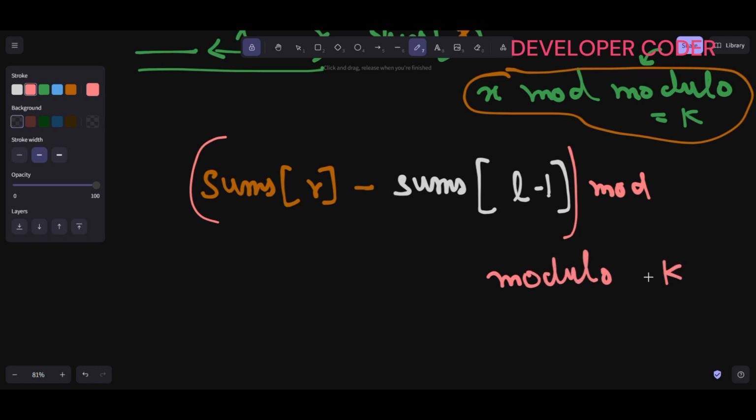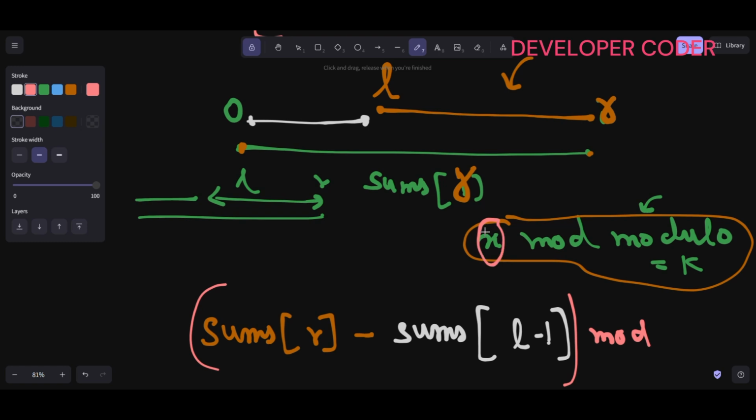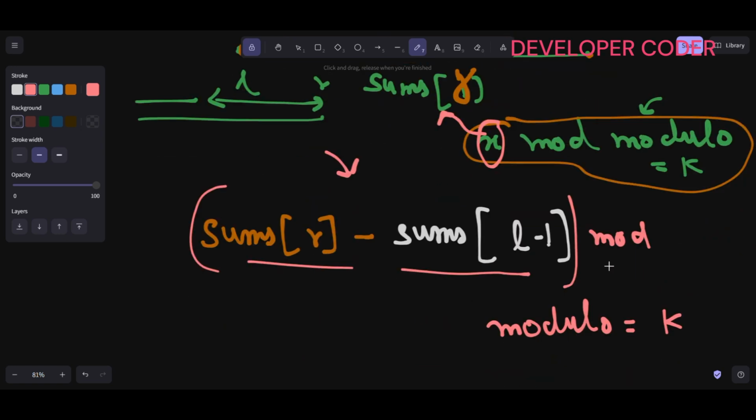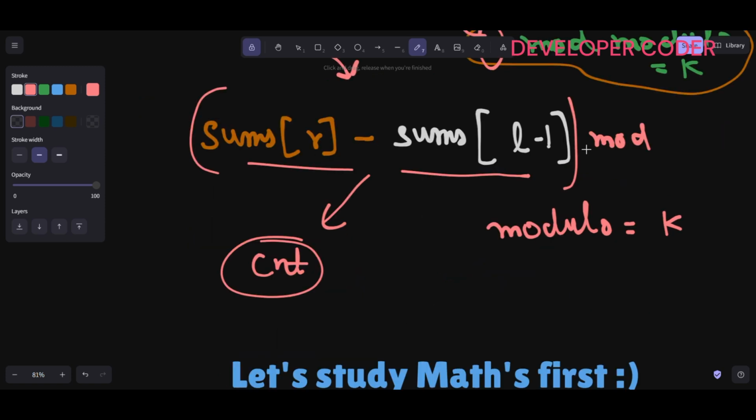Here this x was nothing but this complete sums of R, and for this I can write sums of R minus sums of L minus 1. So this is nothing but the number of special numbers in this range L to R which satisfy special numbers mod modulo equal to k. That is nothing but the count. Done. Now, is there any other way to write this same equation?